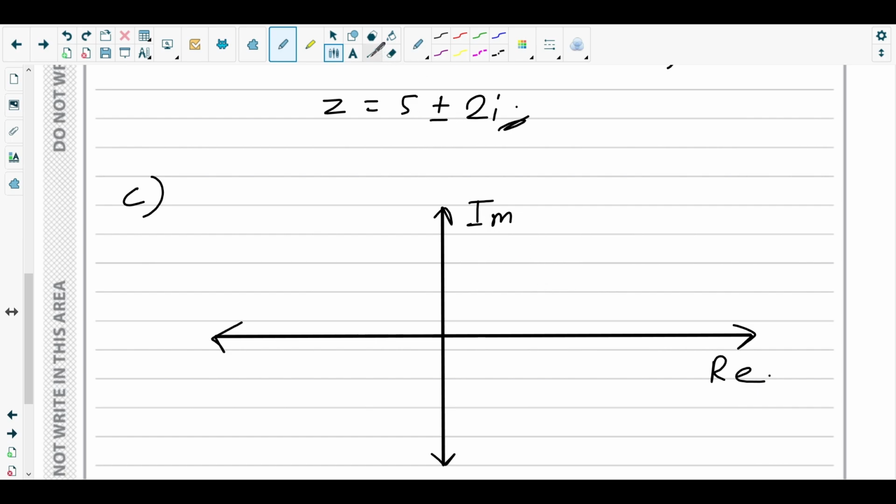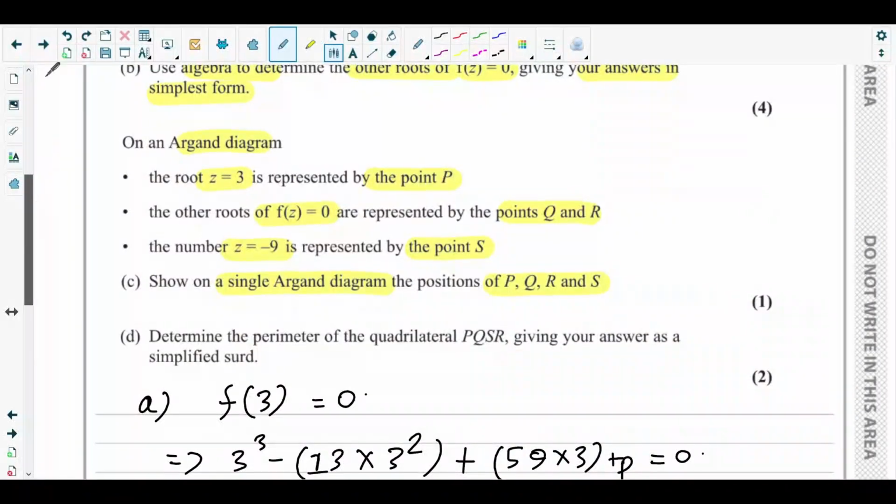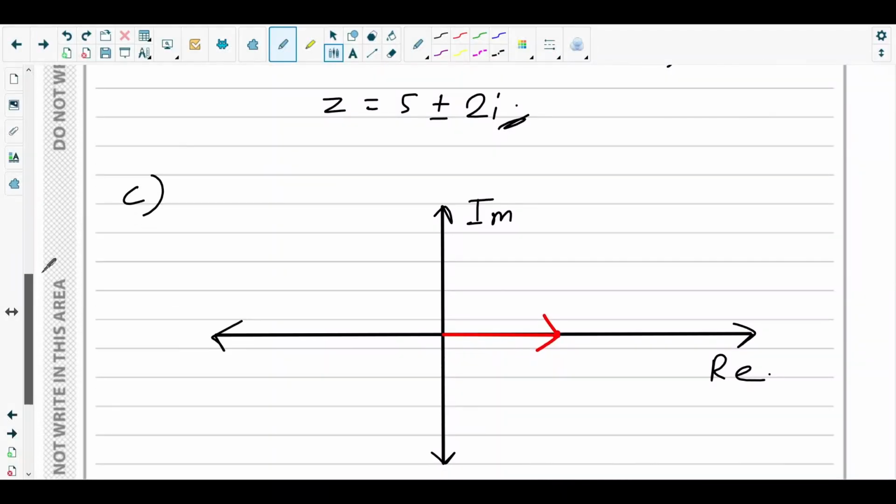So let's say z equals 3. Let me change the color as we consider the straight line. Take red color. Okay, so this point is z equals 3. So z equals 3 is represented by the point P. This is point P basically.